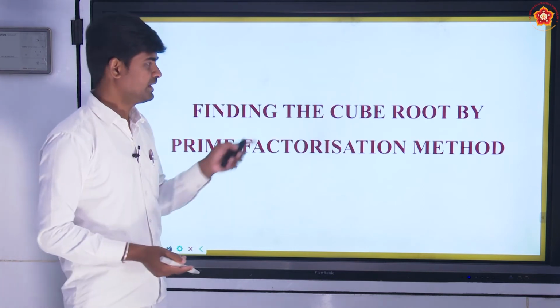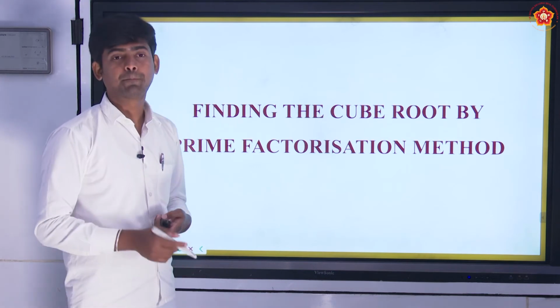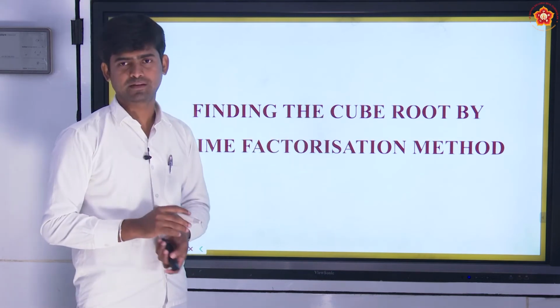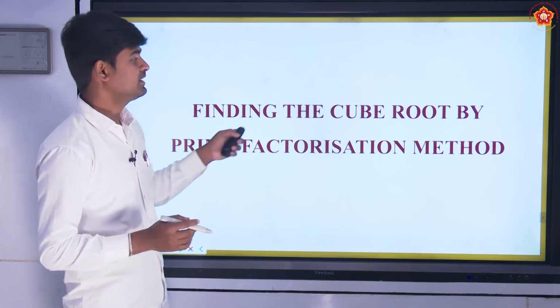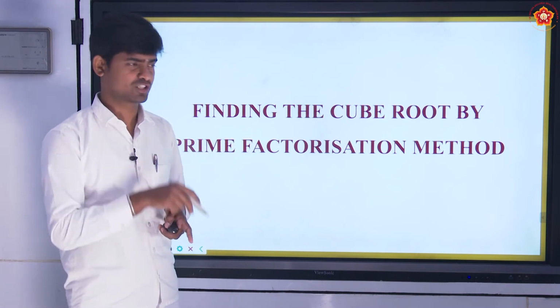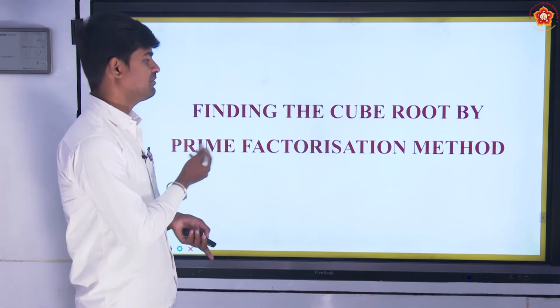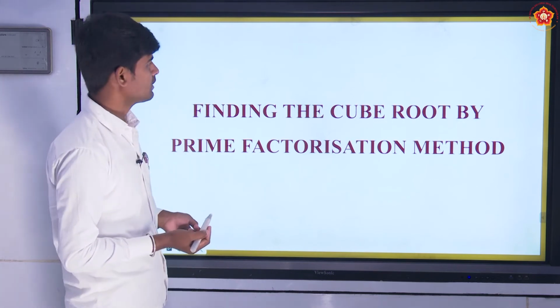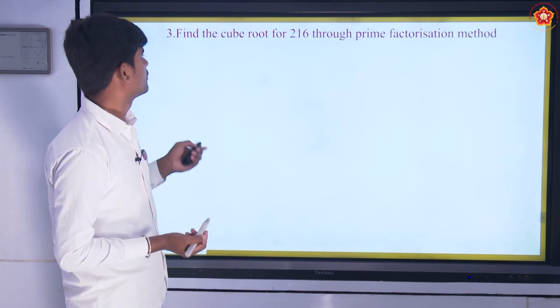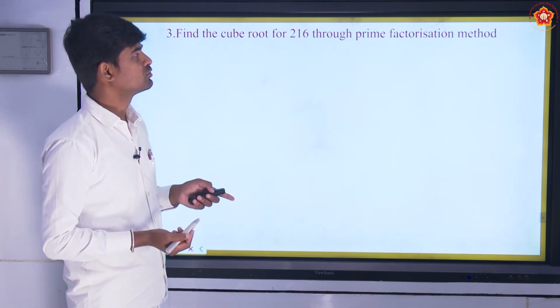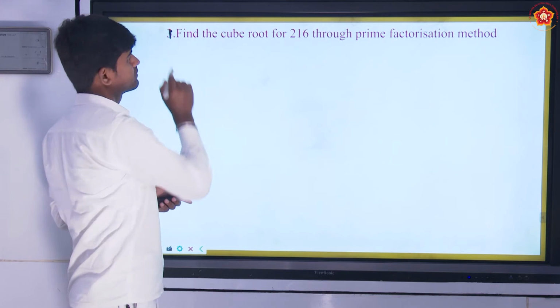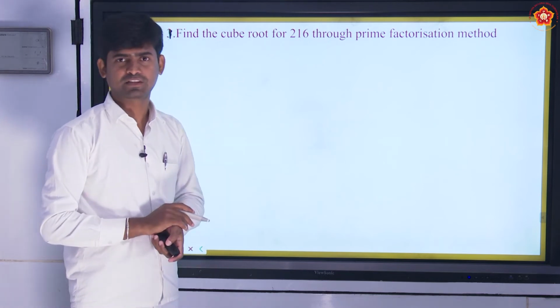Next, finding the cube root by prime factorization method. We already know finding the cube by prime factorization method. Now, finding the cube root by prime factorization. Let us see. Find the cube root of 216 through prime factorization method.